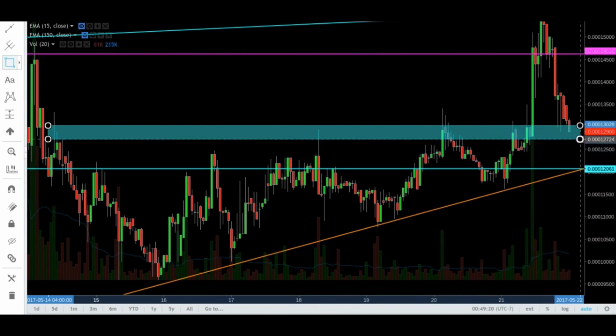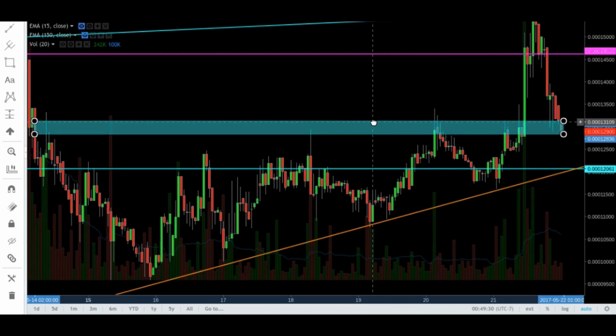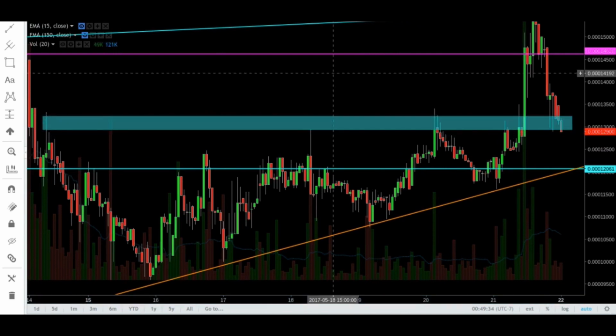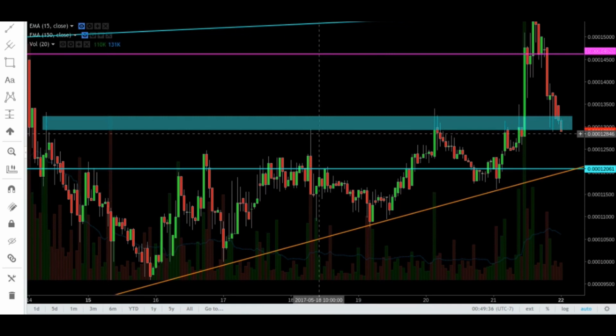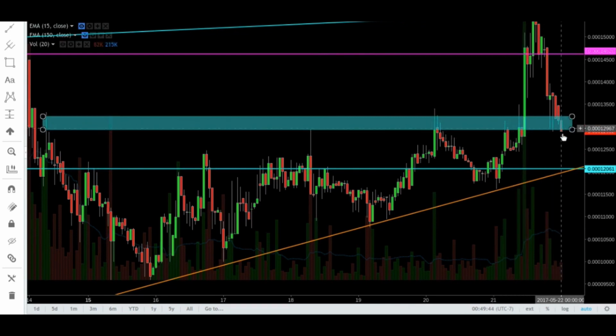But this zone right in here would play as, or in this case would be, resistance, resistance, resistance, resistance, broke through, and now maybe following all the way through or staying in this zone as we saw play out before in the previous coin.